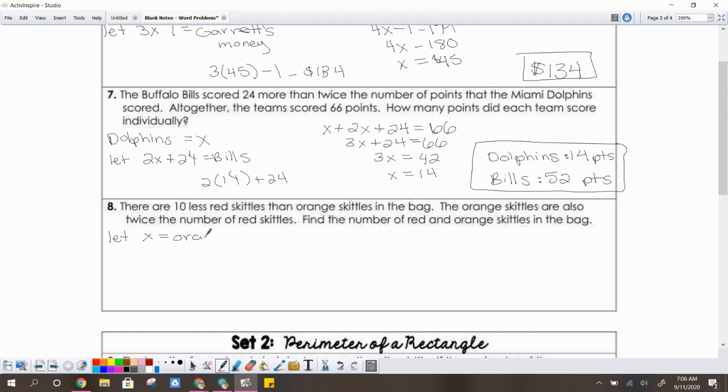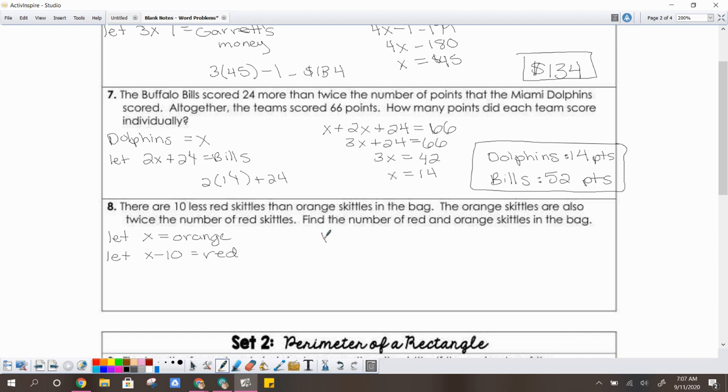And then there are 10 less than that red Skittles. So x minus 10 is our red.